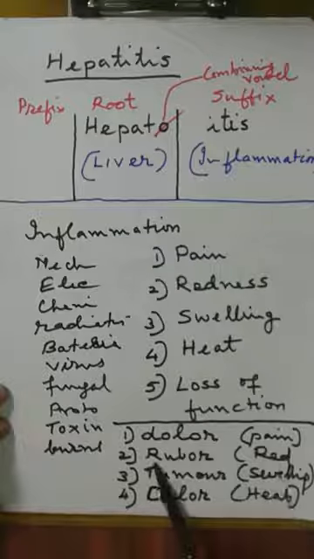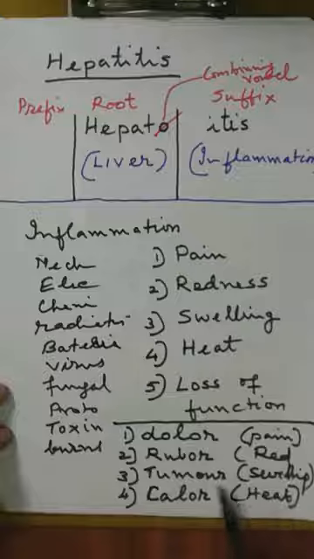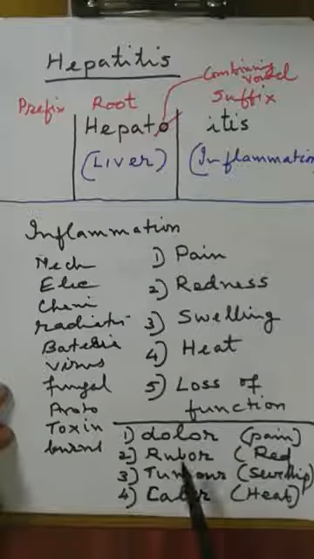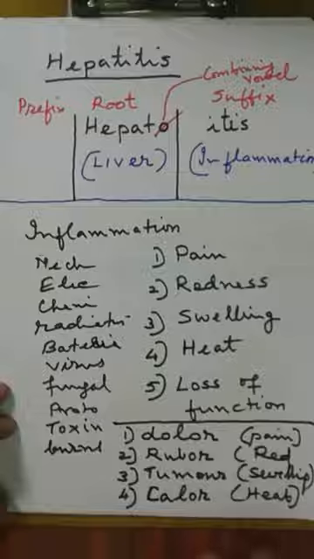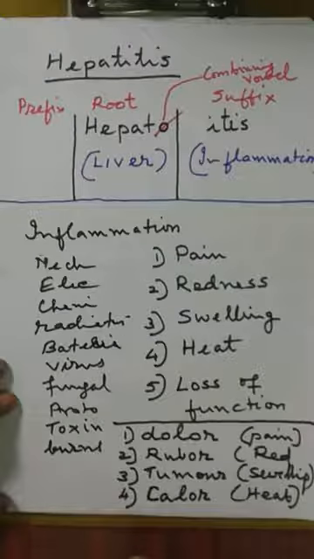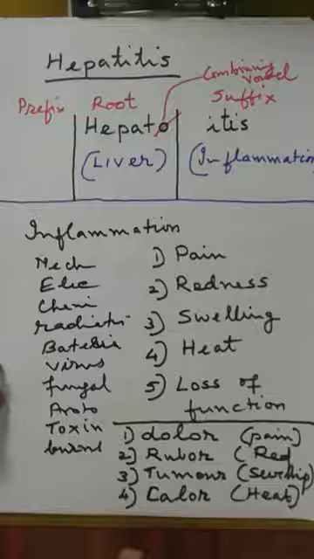Red, rubor. For swelling, it is tumor. And for heat, it is calor. So dolor, rubor, tumor, calor. Just try to keep these words in mind, because you are seriously studying medical subjects now.